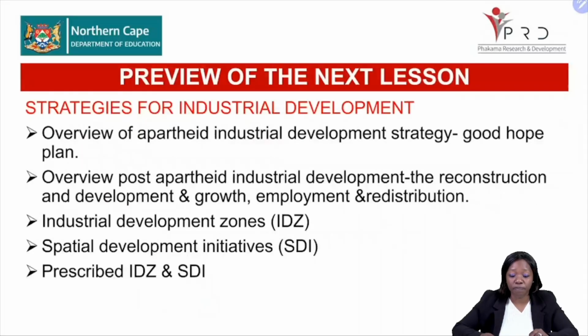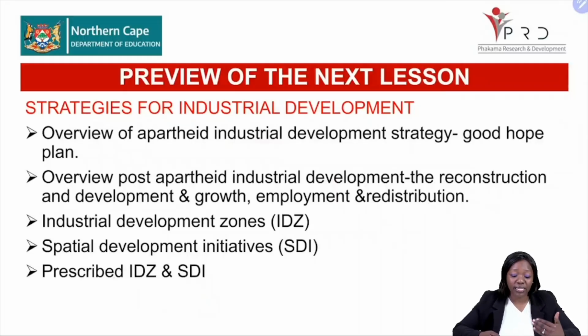To give you a preview of our next lesson, we want to focus on the strategies for industrial development. We're going to look at the overview of the apartheid industrial development, which is the Good Hope strategy that was used. We're going to look at the overview of post-apartheid industrial development, which is the RDP as well as the GEAR.